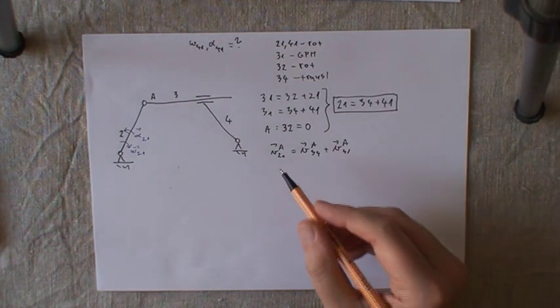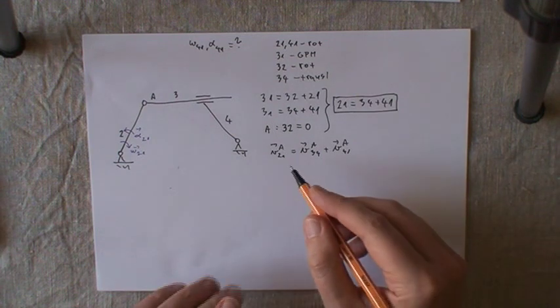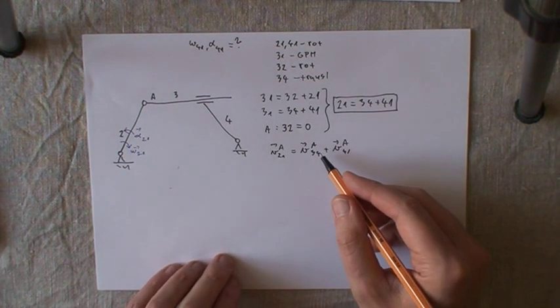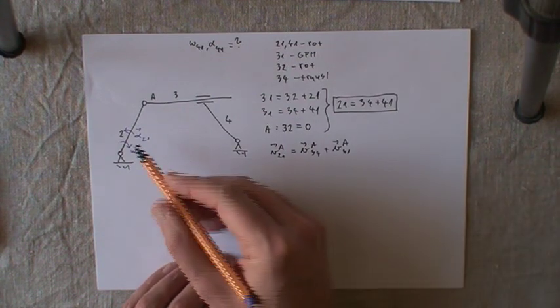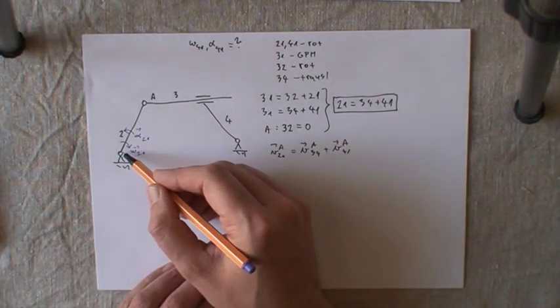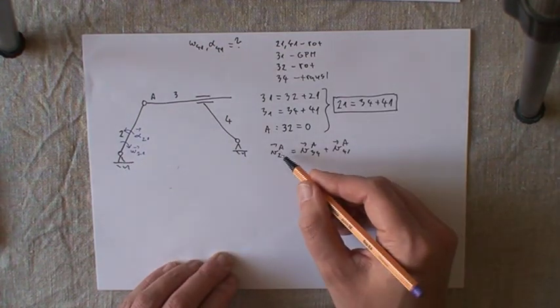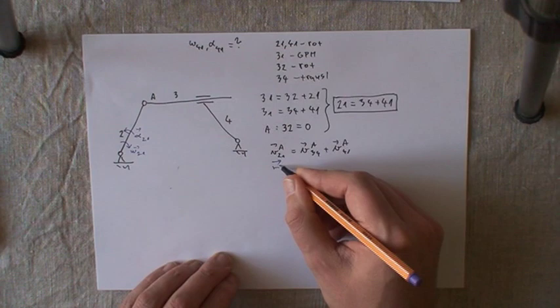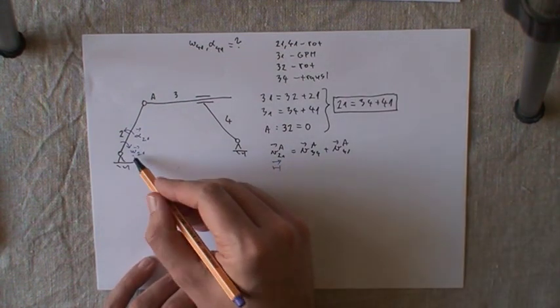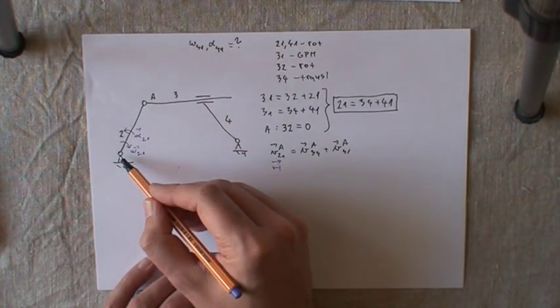So we will go one term at a time and see if we know direction or if we know the magnitude. So for 2,1, that's how body number 2 is moving with respect to the frame in point A. Therefore, we know everything, right? Because we know omega 2,1 and we know the distance.